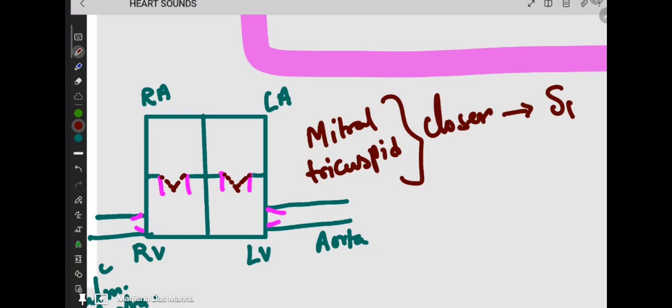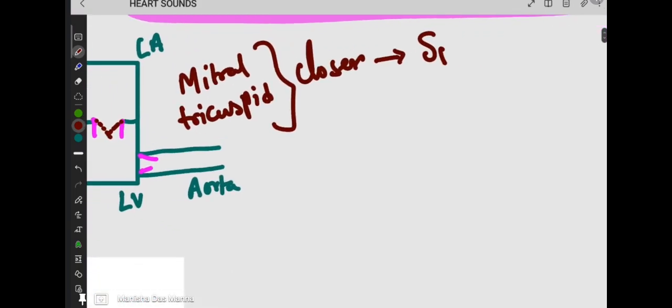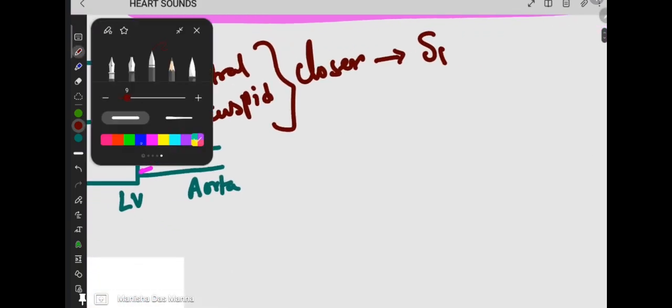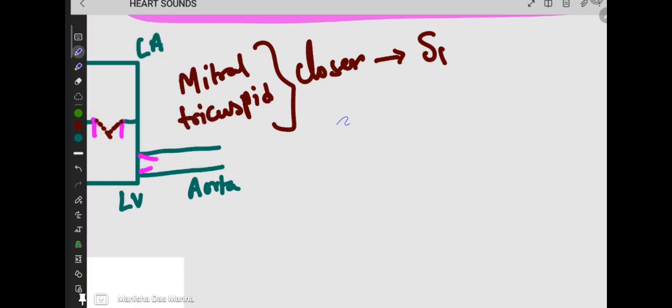Briefly, this is 12th standard understanding: the mitral and tricuspid valve closure produce S1 during ventricular systole. Next, what happens? This is the S1. Now, what happens?